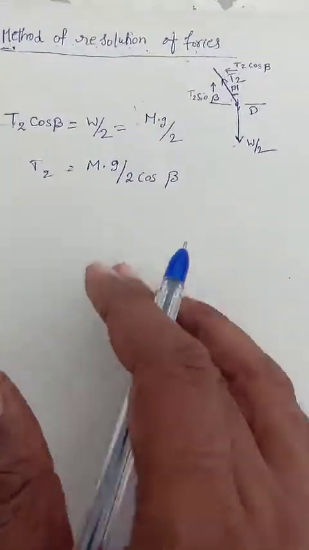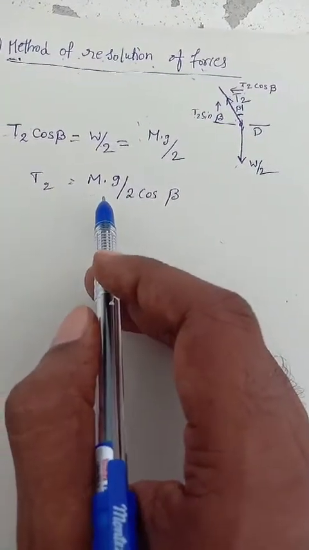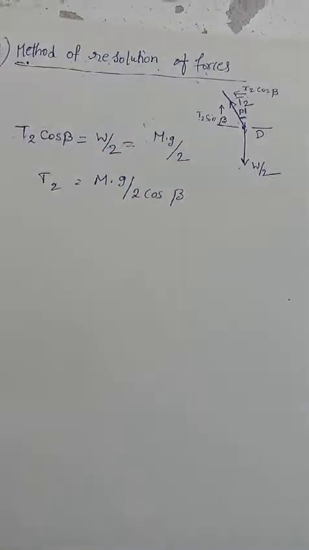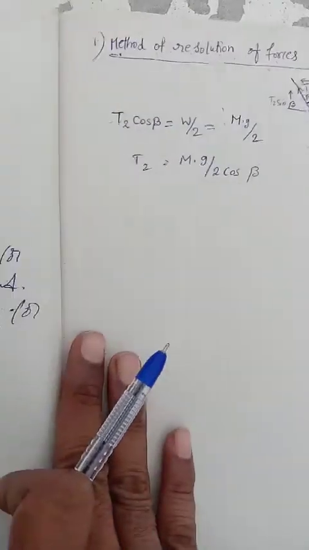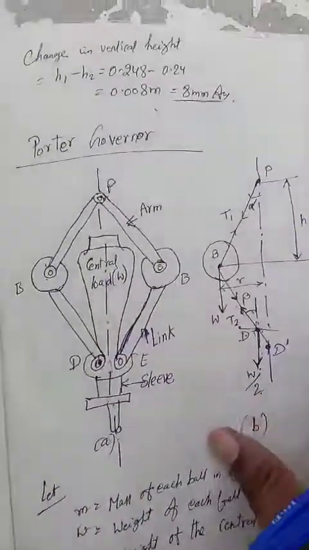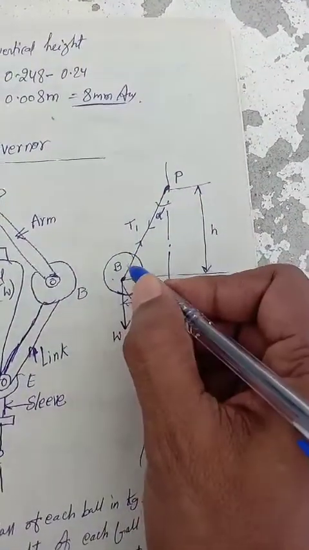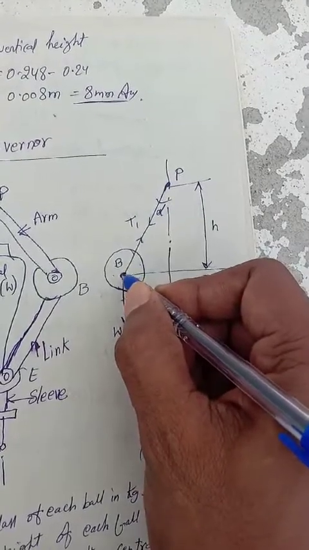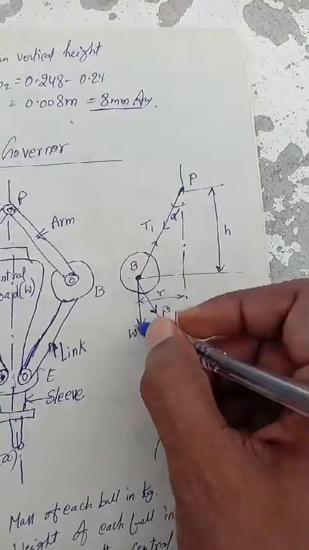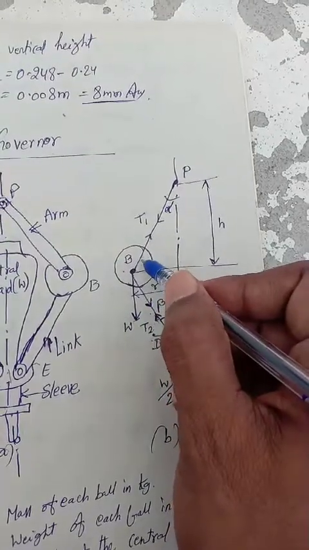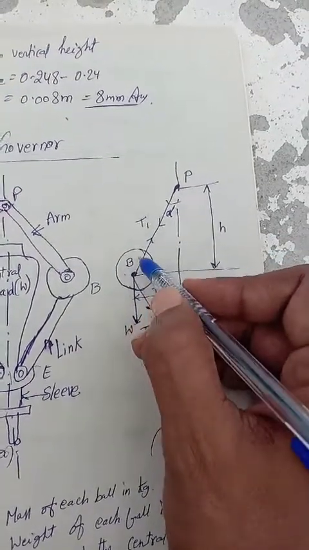Again, considering the equilibrium of forces acting on B, the point B is in equilibrium under the action of the following forces. Look at this, the point B is here. One force is acting like this, and one force is acting downward, and there is another force coming from here.